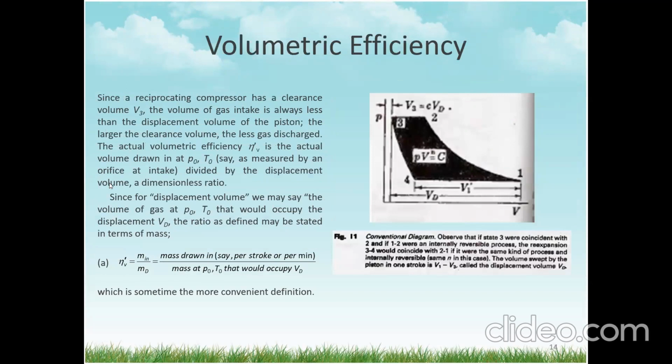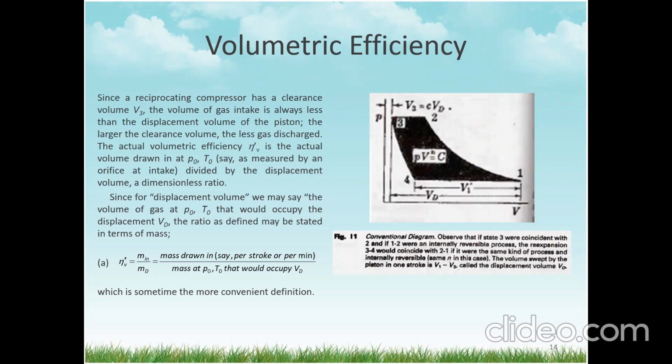Next, an important term in testing is the volumetric efficiency. So consider again figure 11, the conventional diagram. In the figure, observe that if state 3 is coincident with 2, and if 1 to 2 were an internally reversible process, the expansion 3 to 4 would coincide with 2 to 1.